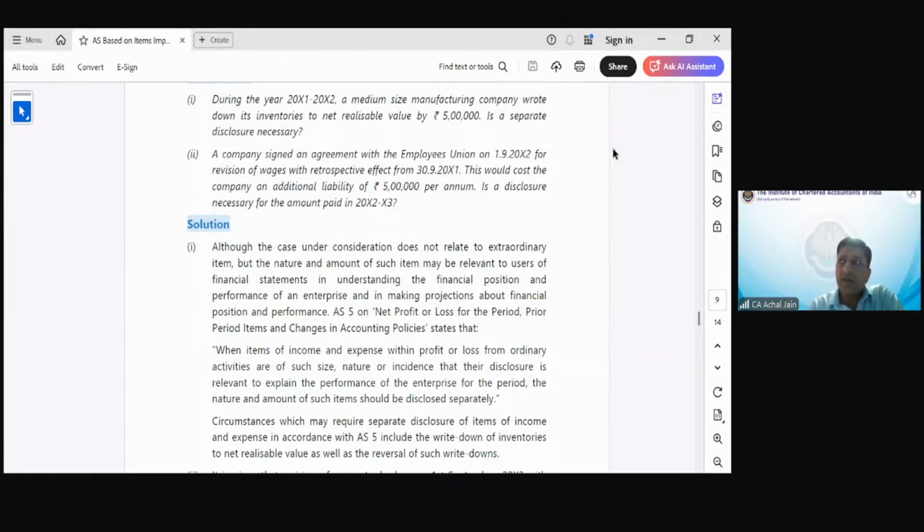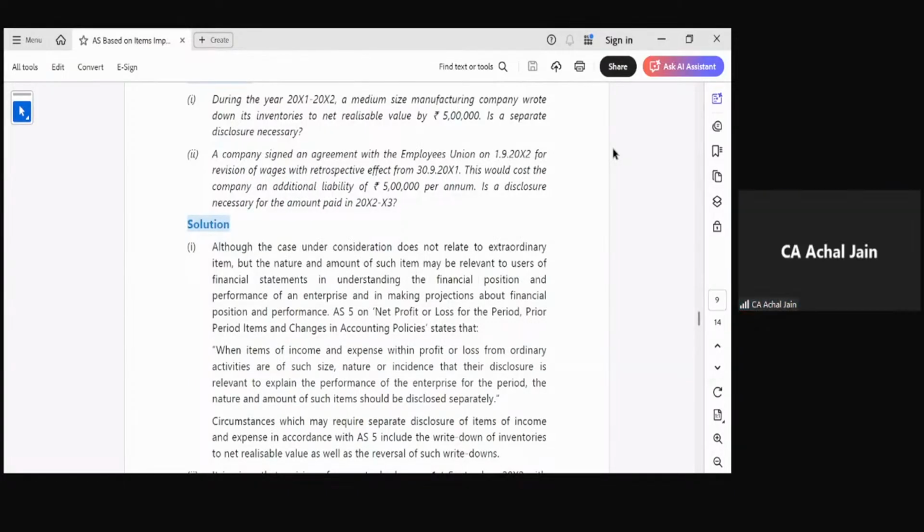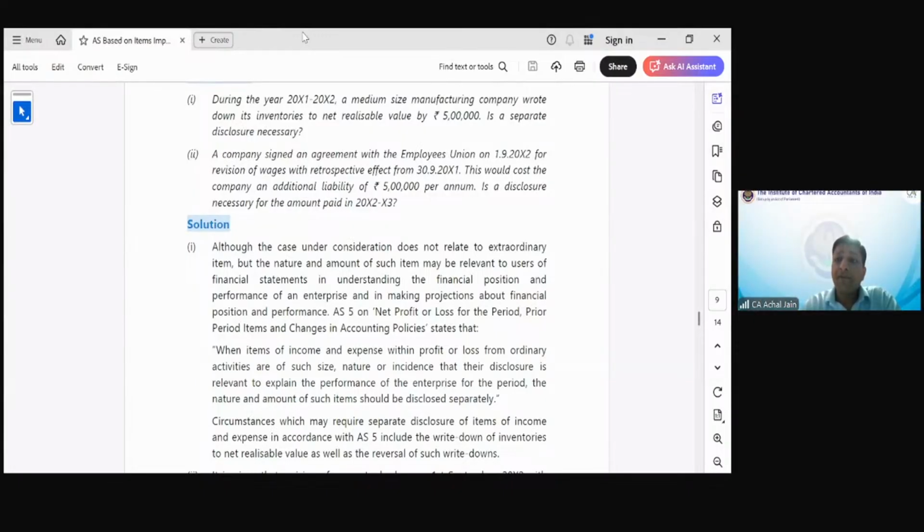So in this case, because it's a write down, or even if there was a reversal of such a type of thing, what will you call it? Exceptional. But here again, like Rohan just mentioned, a question may arise: how do we decide whether this amount is significant or not, and what will make you assess these items as requiring a separate disclosure?